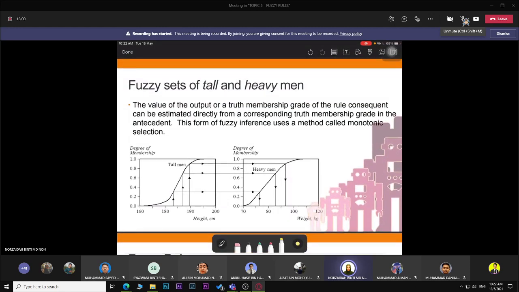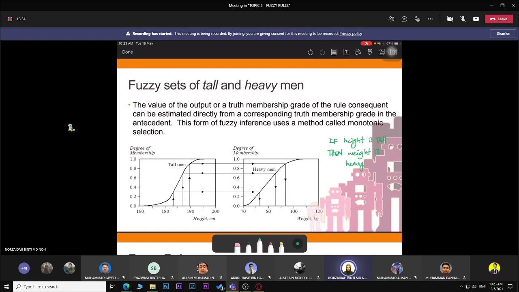Okay, so the rule says, just now it said if height is tall, then weight is heavy. That is the rule, right? I will write it again here. If height is tall, then weight is heavy. This is just a simple rule.